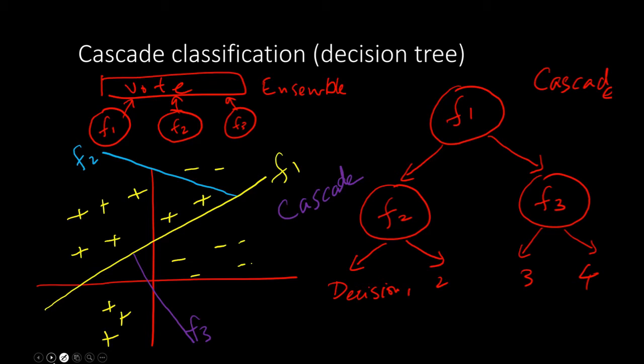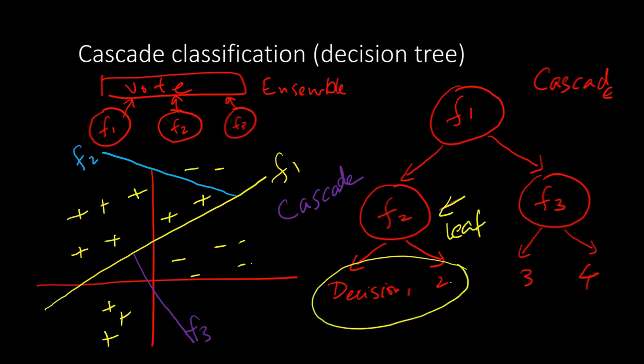So now it's basically called a tree, in the sense that these are called leaf nodes. What is a leaf node? At the end of the leaf node you will get a decision. The nodes that are not leaf nodes are called internal nodes.